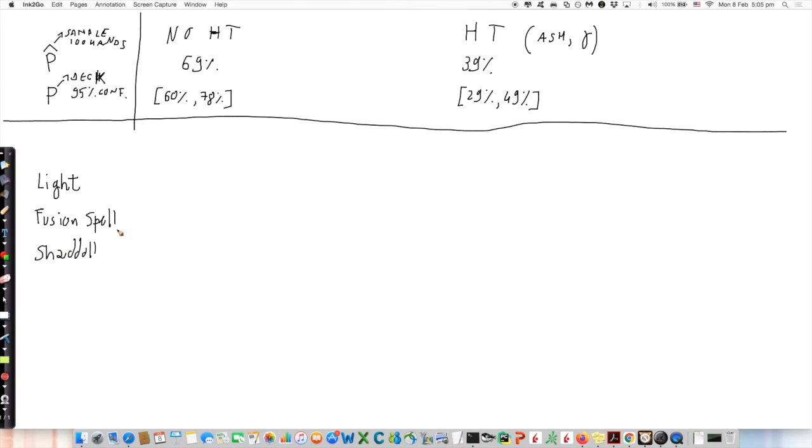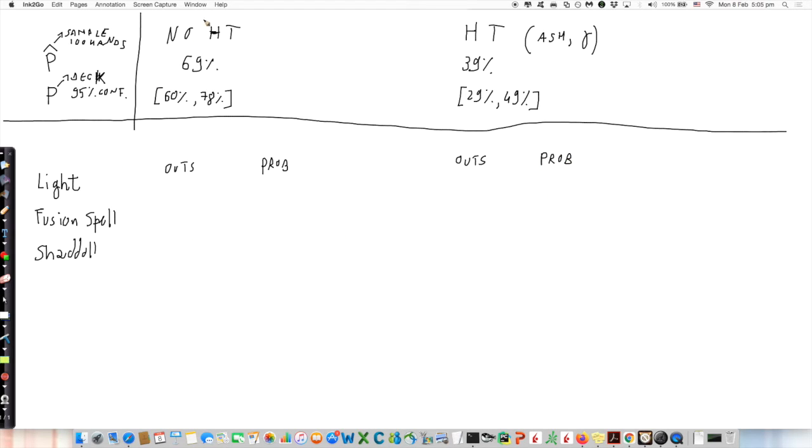Okay? So we are counting outs for the no hand trap and hand trap version, and then with the Hypergeometric Calculator we transform this into probability. So this is the plan of today.